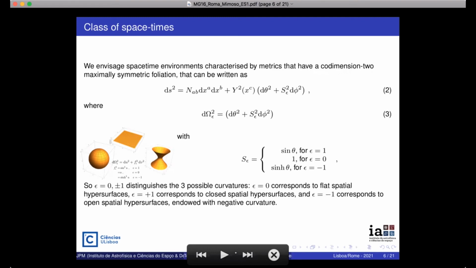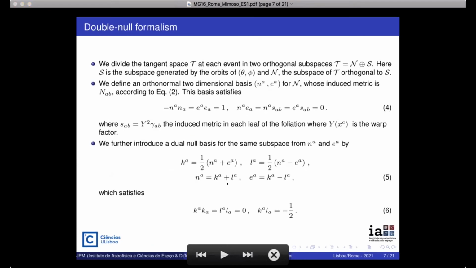And in our formalism, we've applied dual null formalism, although you can do it without, it's not indispensable, in fact, to do this.